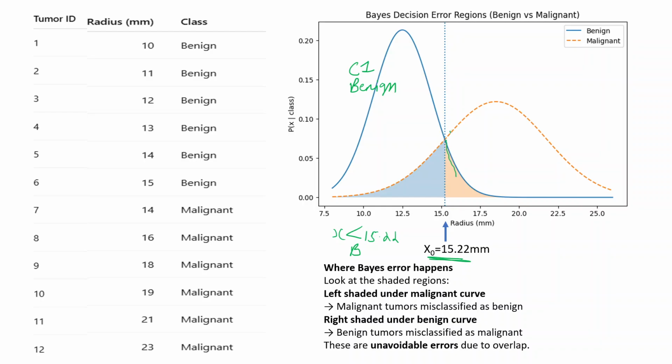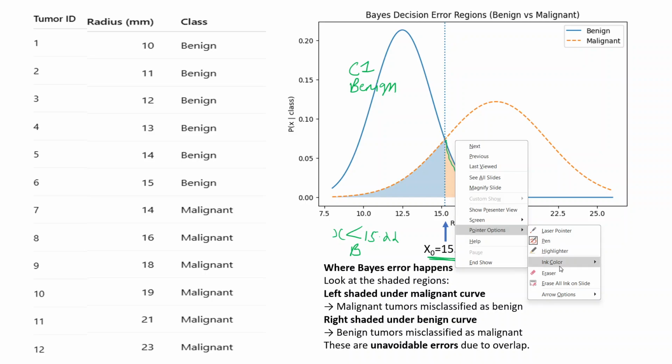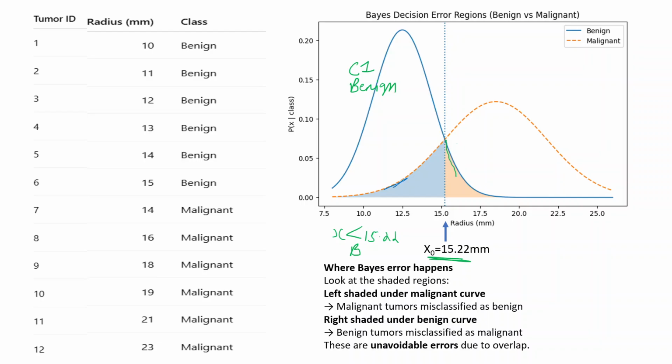Now, this other curve, the orange color curve which you are seeing here, this blue curve, this portion is actually for the malignant case. But here we are trying to decide that as a benign case, which is an error.